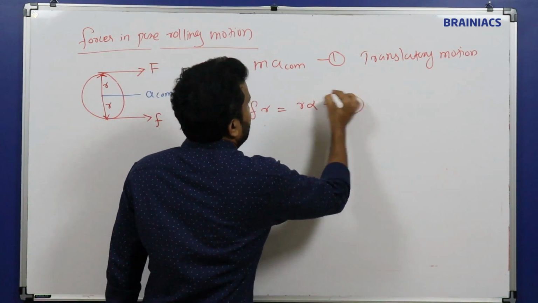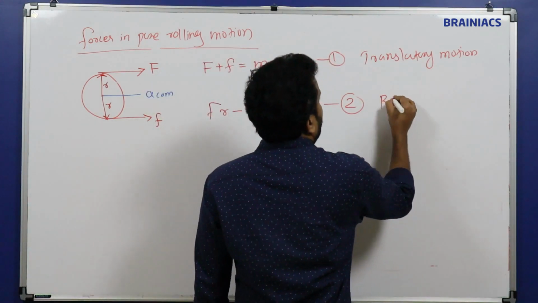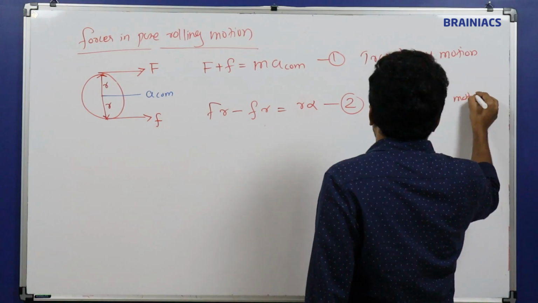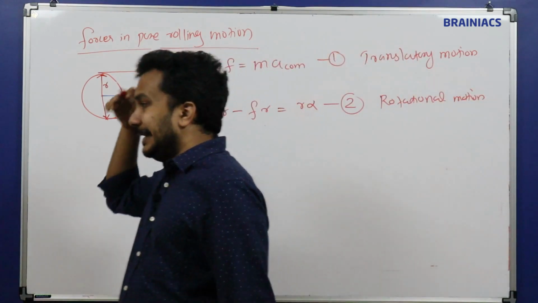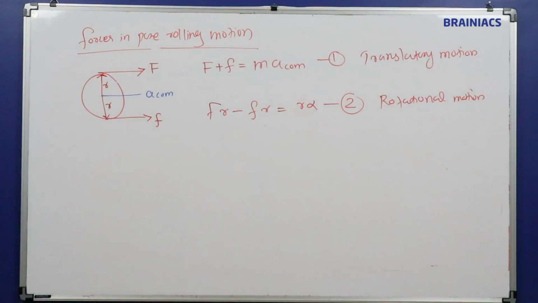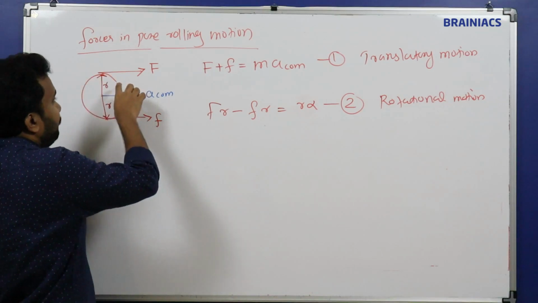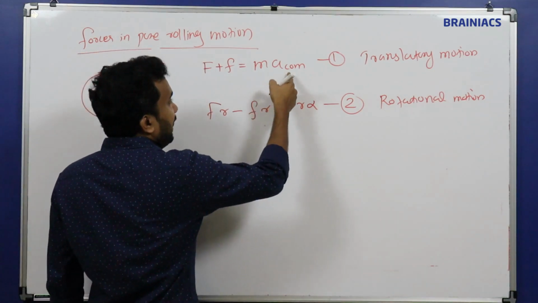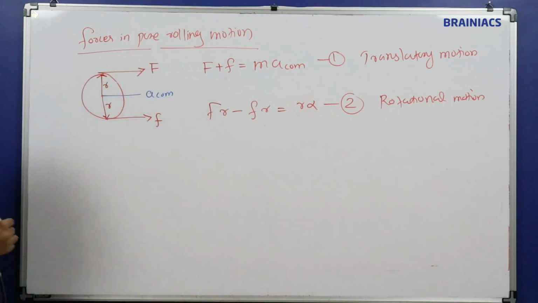Equation number 2. This is for rotational motion. So for rotational motion we have written the torque equation, and for linear motion we have written the force equation. We also know that because of this, at each and every point there is a tangential acceleration.